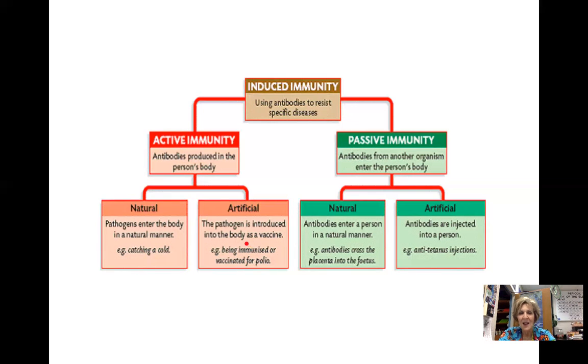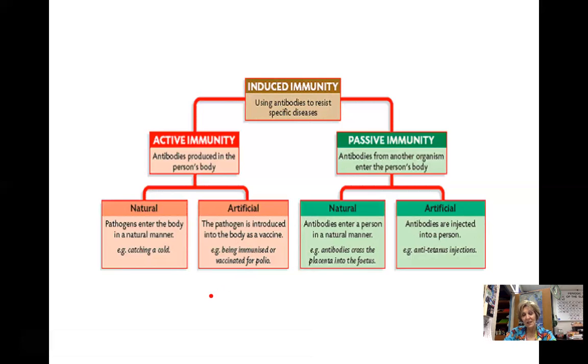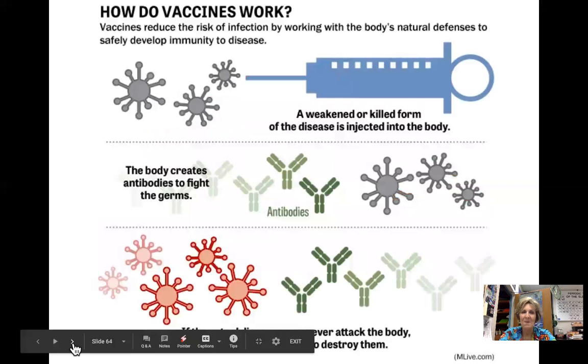An example is the vaccine for polio. When you get a vaccine for polio, you are being given broken pieces of the polio virus to which your body would respond and make a bunch of antibodies against polio so you don't get polio.